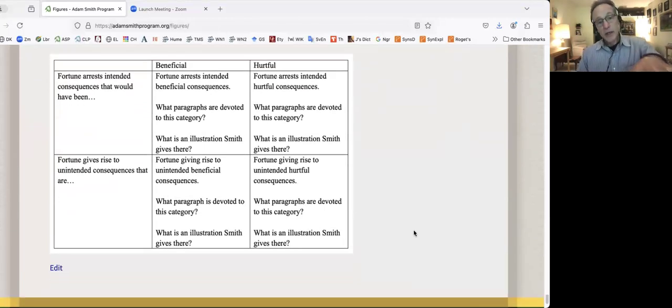And so your homework assignment is to say what are the paragraphs devoted to each of these four sections, and what is one or two or more of the illustrations. And there's a bunch of lovely illustrations given here. And again, they can go positive or negative. They can go either lucky or unlucky.